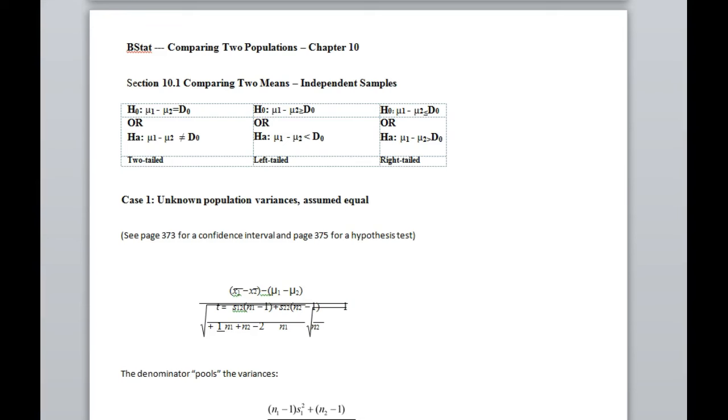So essentially we're going to be comparing the samples against one another to see if their difference is significant, as opposed to Chapter 9 where we tried to see if the difference between that sample and the proposed mu was significant. Now we're actually looking at two samples and trying to determine if they are significantly different. Okay? So we'll get into that in a second.